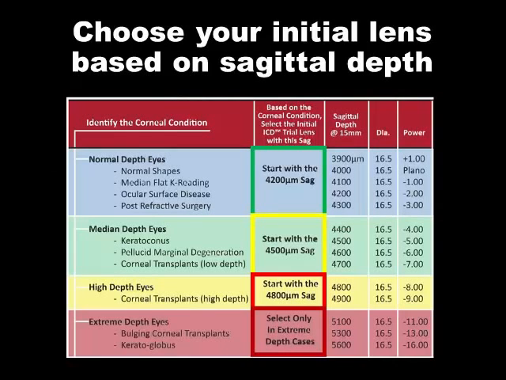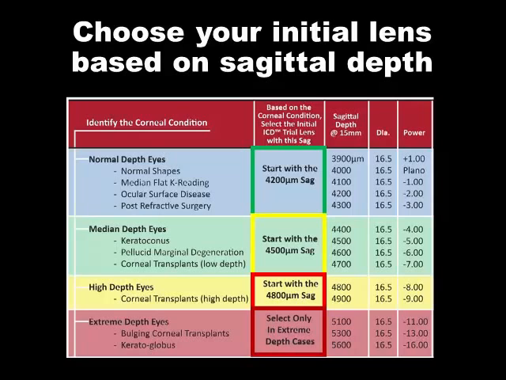Now, if you have a corneal topographer that measures sagittal depth, or if you have an OCT that can measure the sagittal depth across a 15 millimeter chord, then you can calculate the sagittal depth of ICD that you need. Now, if you don't have one of those tools, then one of the simplest ways to go is consider the condition. Are we dealing with a normal eye?